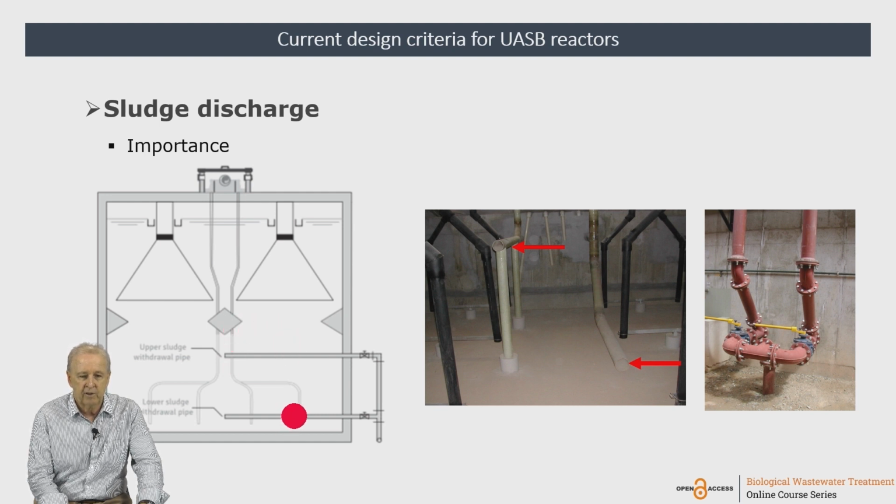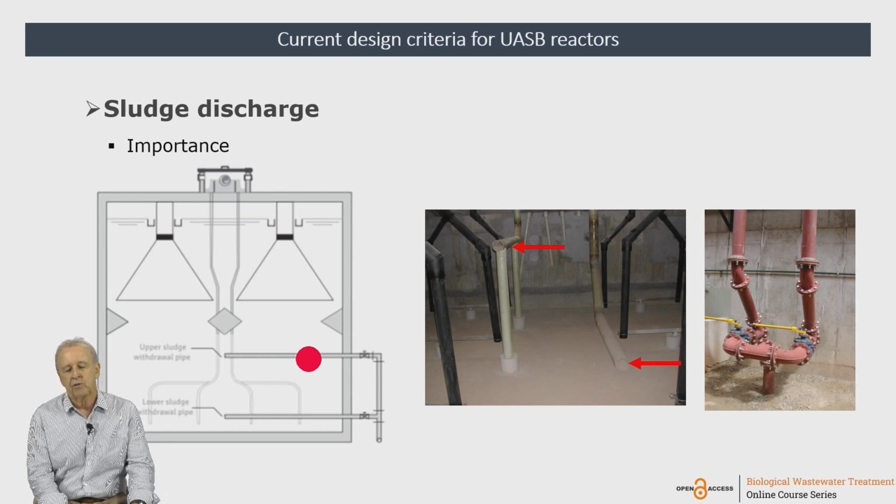With the lower pipe, we can discharge the highly concentrated sludge, and with the upper pipe, the lower concentrated sludge. Ideally, more sludge should be discharged from the upper part, because it's a less concentrated, loose sludge that's easier to lose with the effluent.